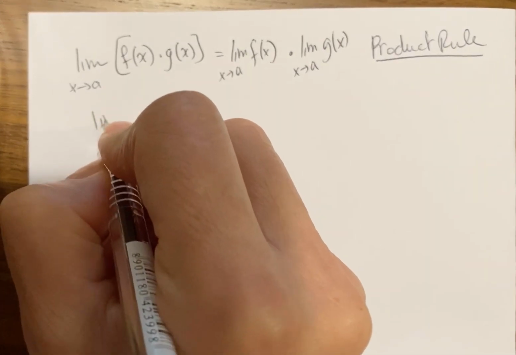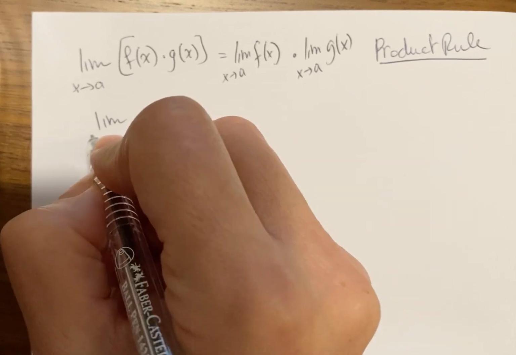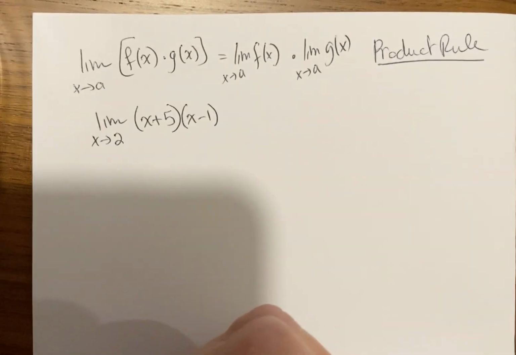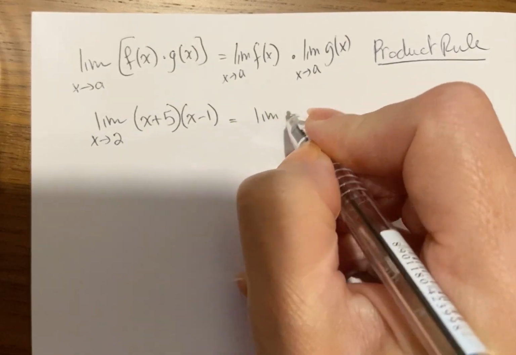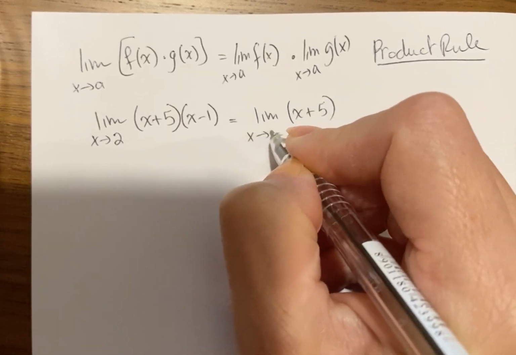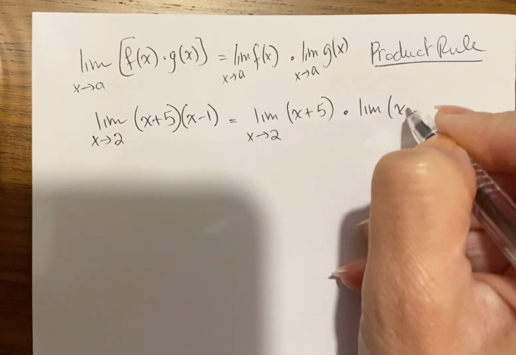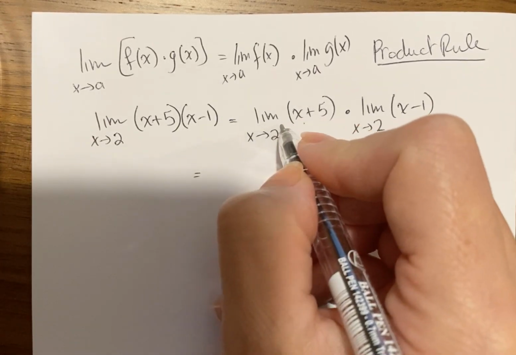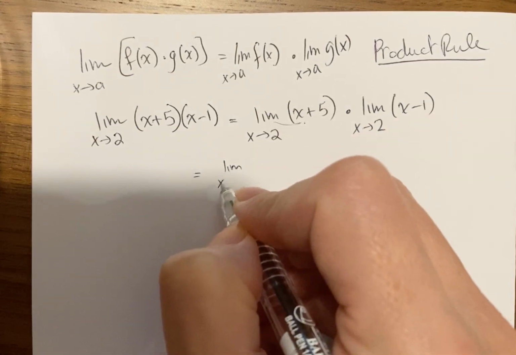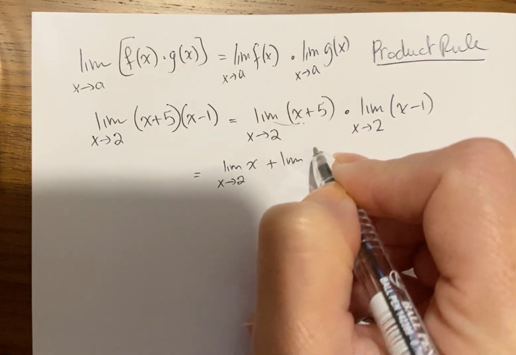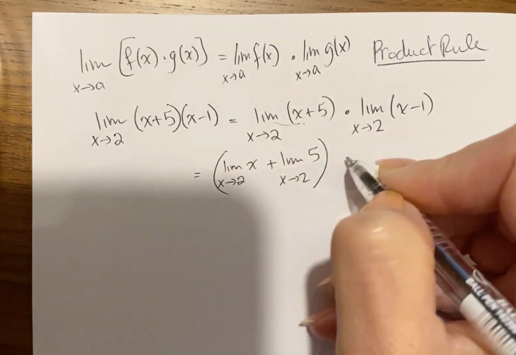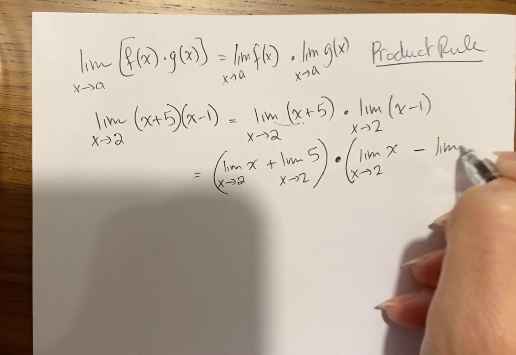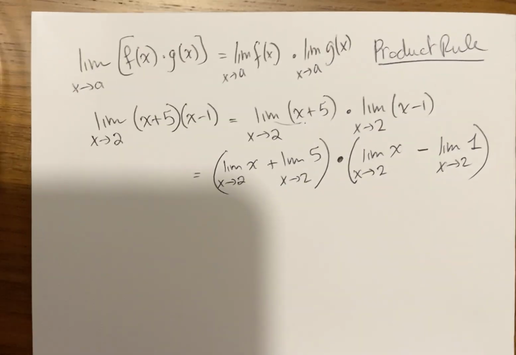So for example now, if I want the limit around 2 of x plus 5 times x minus 1, what will I do? I will get the limit of the first term alone, the limit of the second term alone, which means for this one, I get the limit of x as x approaches 2 plus the limit of 5 as x approaches 2, times, here I get the limit of x as x approaches 2 minus the limit of 1 as x approaches 2.